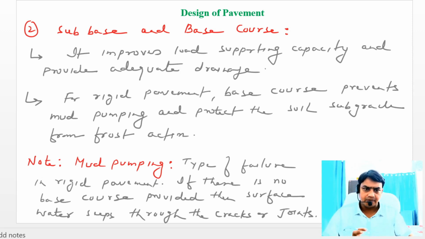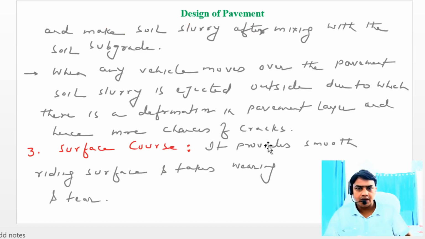For rigid pavement, the base course is generally provided to prevent mud pumping and protect the soil subgrade from frost action. What is mud pumping? Mud pumping is a type of failure in the rigid pavement. If no base course is provided, the surface water seeps through the cracks or joints and makes soil slurry after mixing with the soil subgrade.